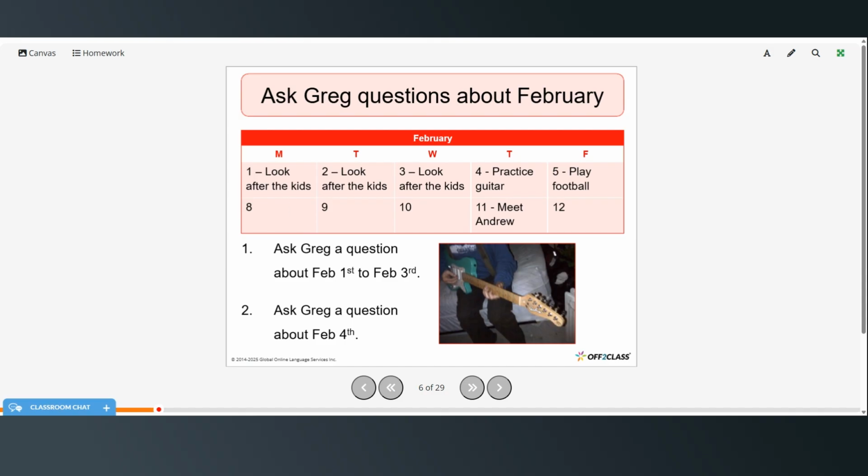So you might ask, when are you going to look after the kids? Or are you going to look after the kids from February 1st to February 3rd? And then you might ask, what are you going to do on February 4th? Or when are you going to practice guitar?